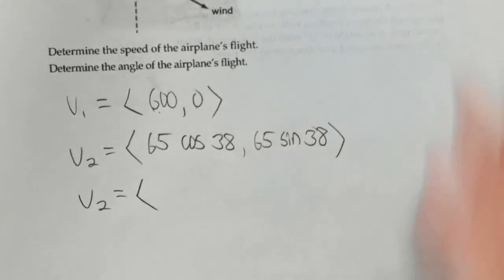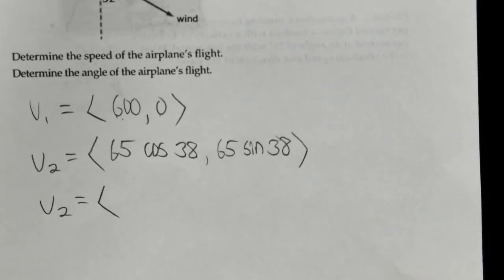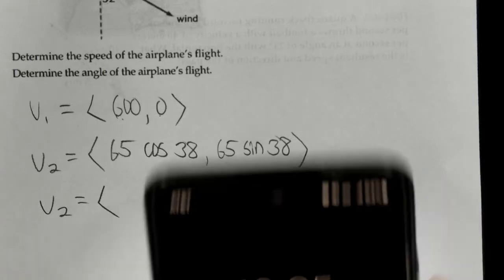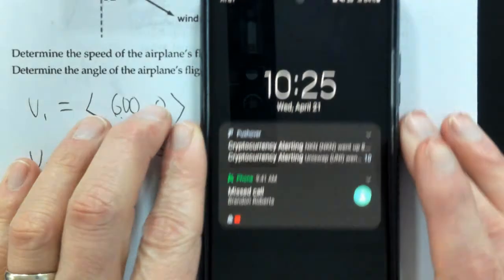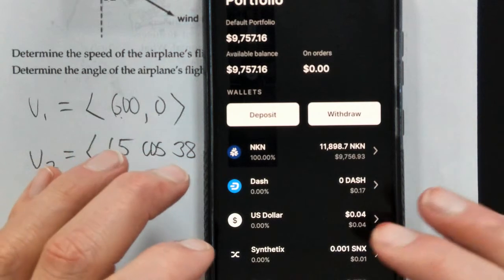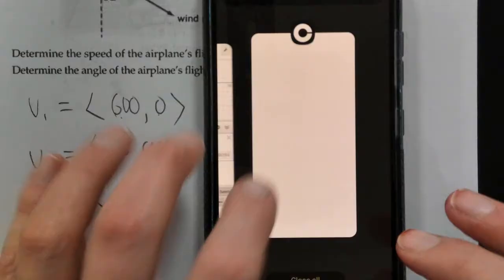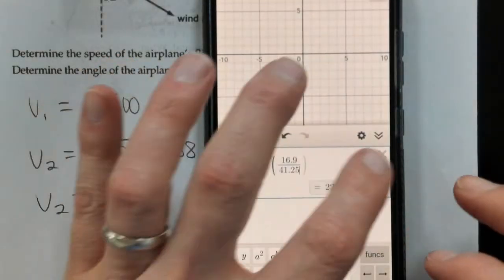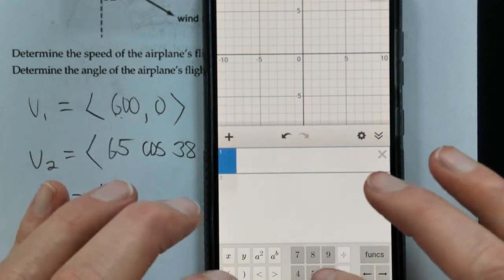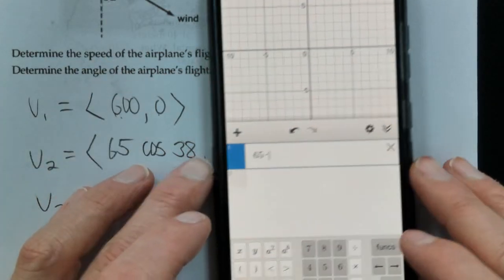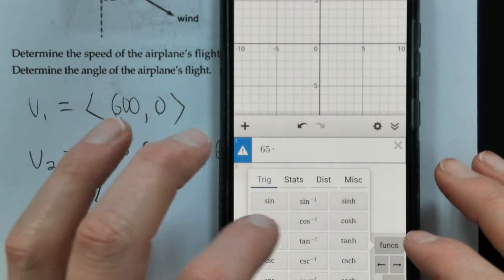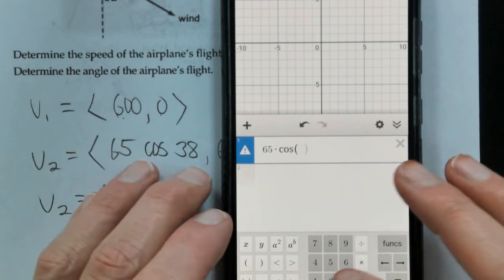So the first thing I want is 65 times the cosine of 38. Let's see what that is. I want 65 times the cosine of 38.